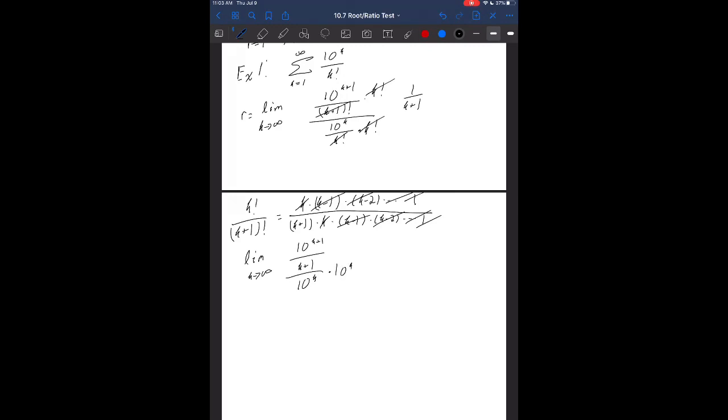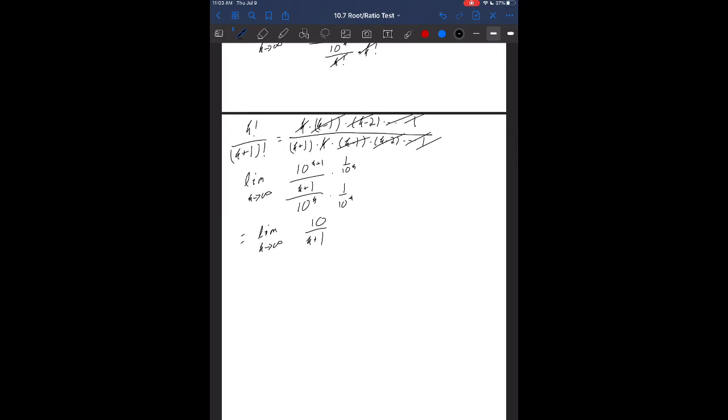Okay, so we still have a fraction over a fraction. If we multiply the top and the bottom by 1 over 10 to the k, then 10 to the k plus 1 divided by 10 to the k just leaves me with a 10. So this is equal to the limit as k goes to infinity of 10 over k plus 1.